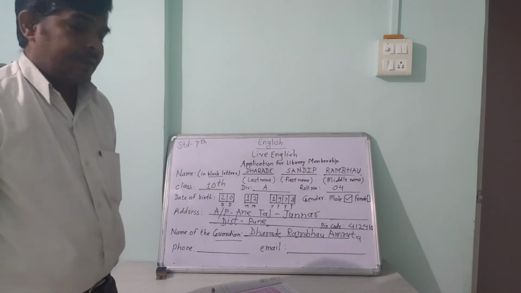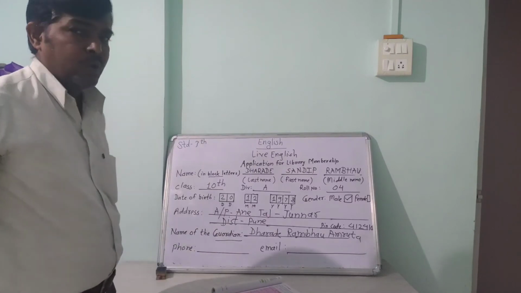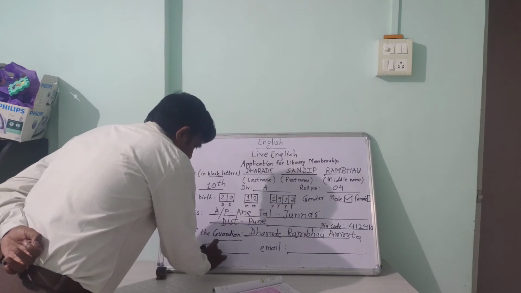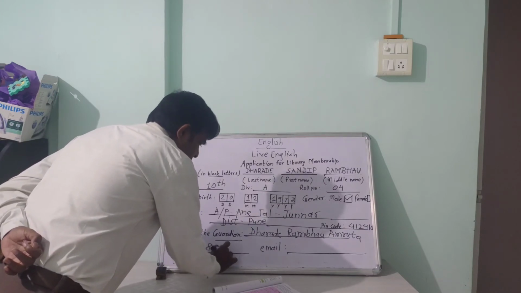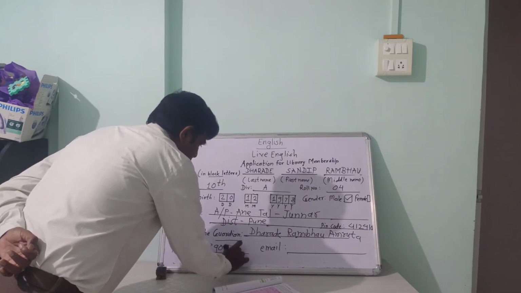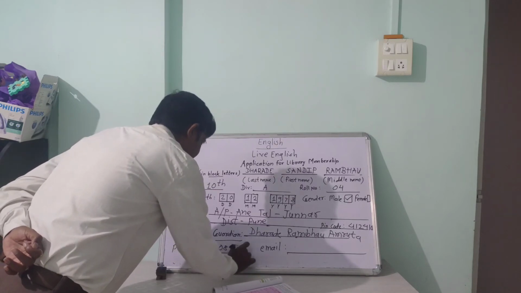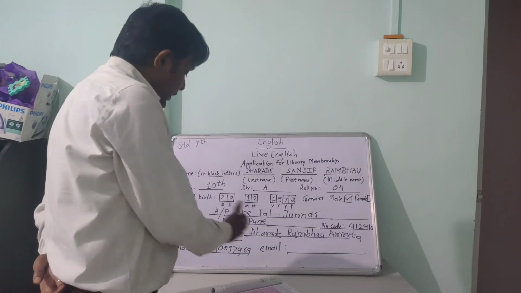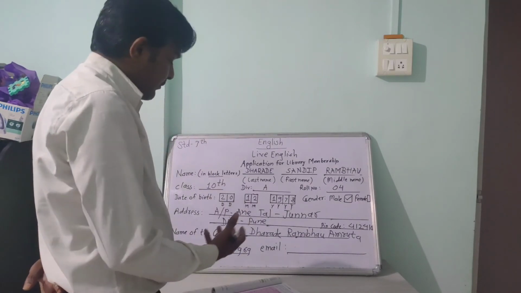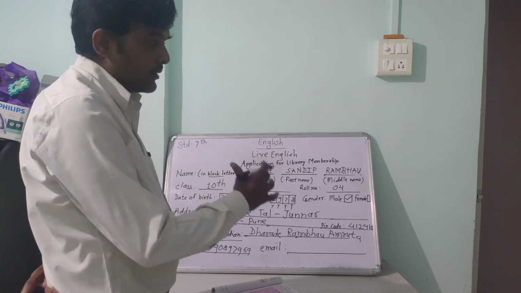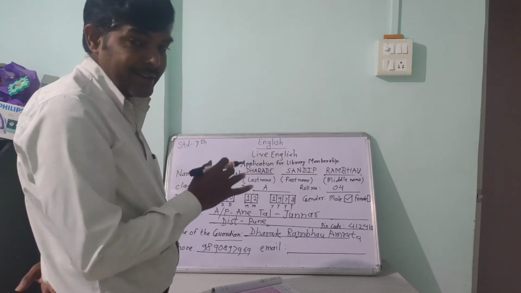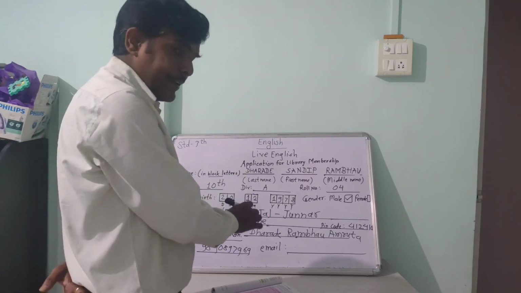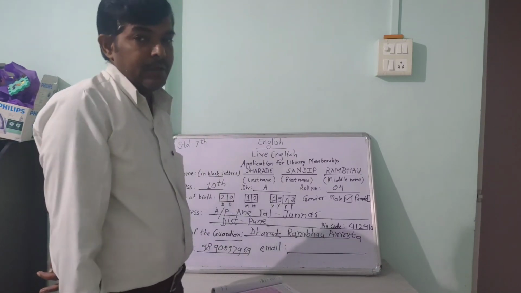And the last topics are here, our phone number. When we write down our phone numbers, we know that our mobile numbers have 10 digits. So it is our responsibility to write down only 10 digits. And the last one, email.